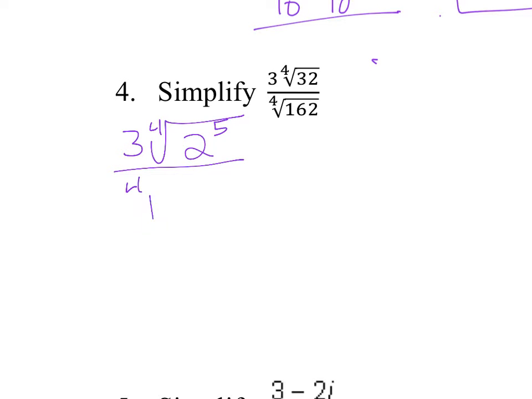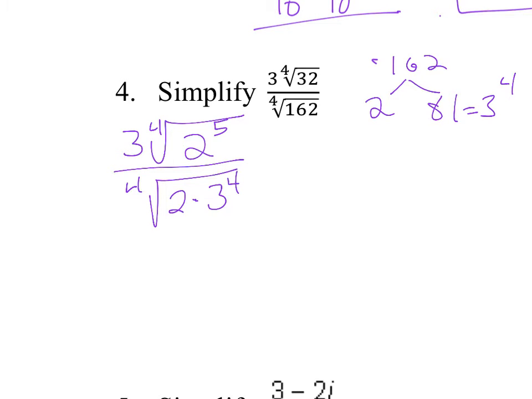And I have the 4th root of 162. Well, I need to factor that 162 because I've got to find out if I can simplify it. So I know I have 2, and then that's 81. Well, I know that 81 is 3 to the 4. Okay, so that means I have 2 times 3 to the 4.